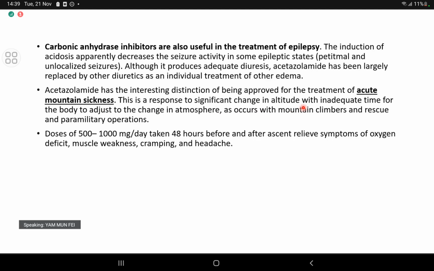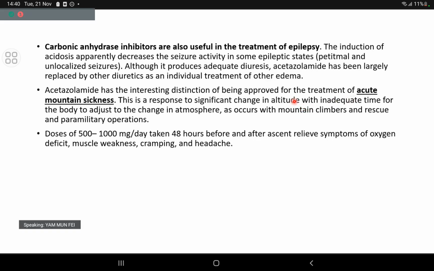For example, 5 minutes before you are at sea level, and 5 minutes later you are 4,000 meters above sea level. We can consider this as changing altitude significantly.